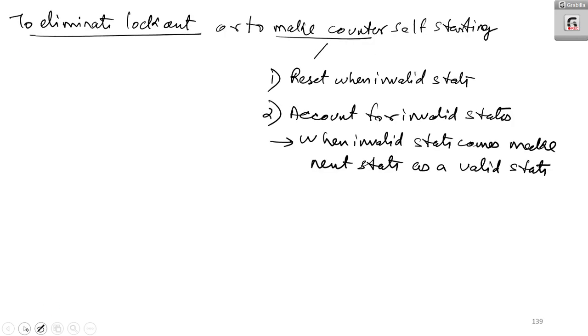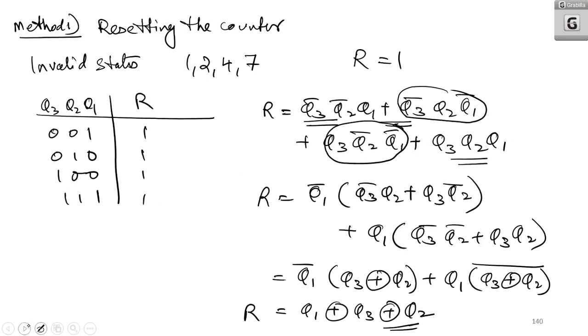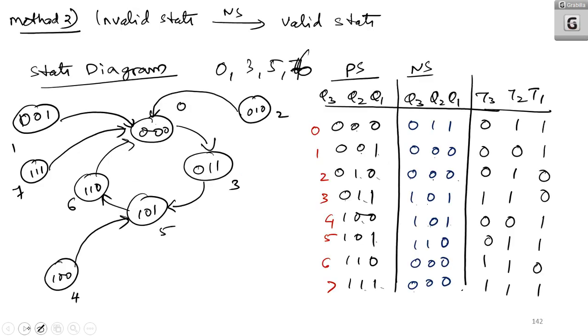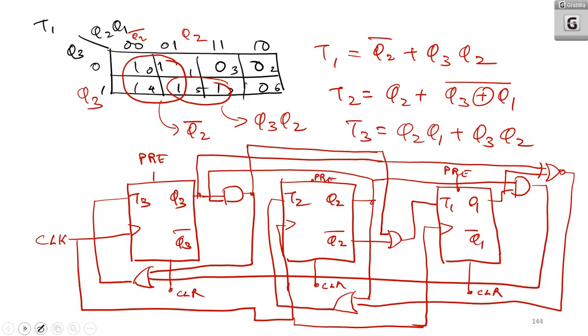To eliminate this lockout, or this not self-starting condition, we have avoided it using two methods. One is by resetting the counter, which is a pretty easy way, or including the invalid states in the excitation table and making the next state one of the valid states. Okay, and we have redesigned the counter. So those are the two methods which are followed.